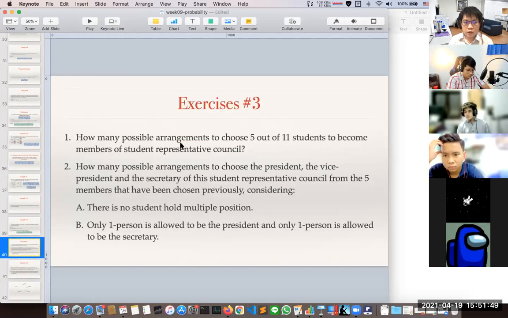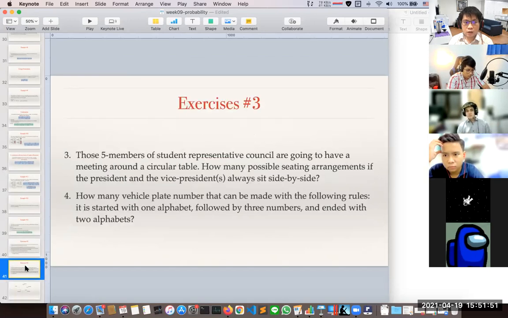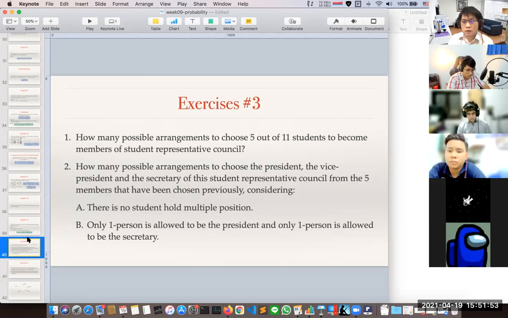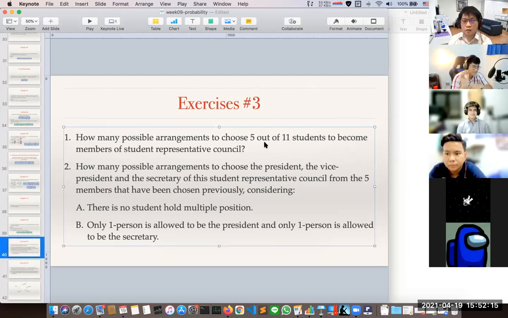Then we only have exercise number 1 in that case. Exercise number 1 is relatively easy. It's 5 out of 11, 5 permutations of 11, or you can also say 5 combinations of 11, because at this time you don't think that the sequence matters.